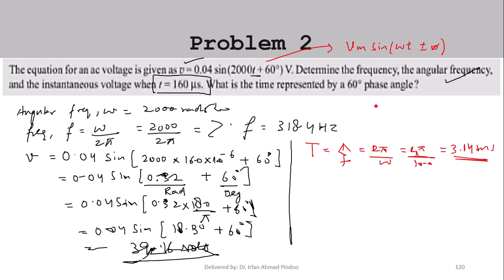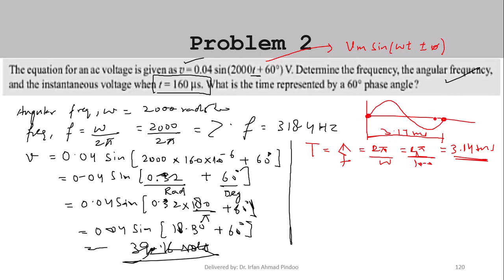What does it mean? It means if one cycle is getting completed, for how much time? Because time period is the total time taken to complete one cycle. It is 3.14 millisecond. So from this point to this point, it is taking us 3.14 millisecond.